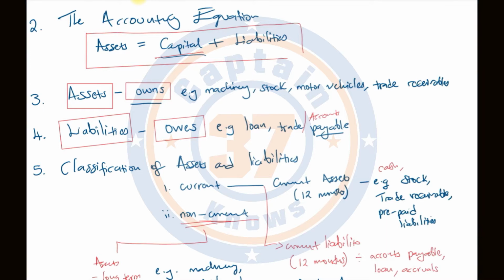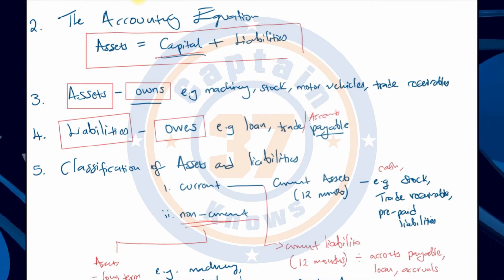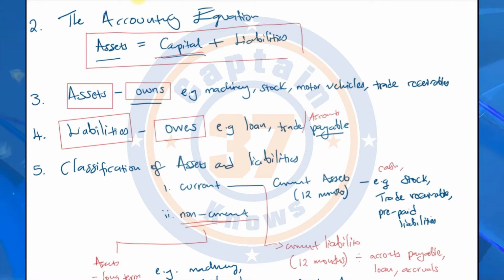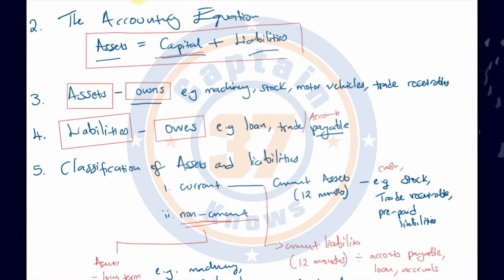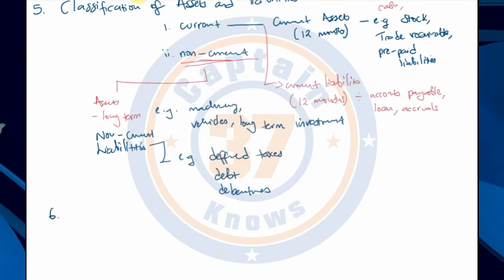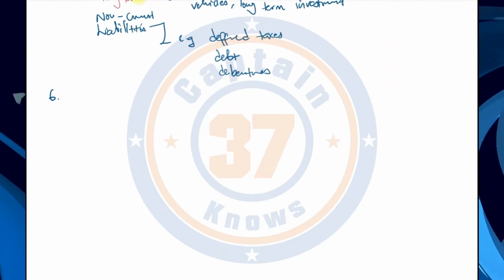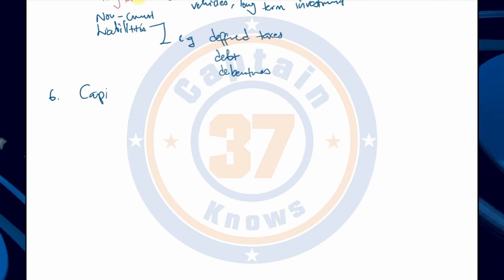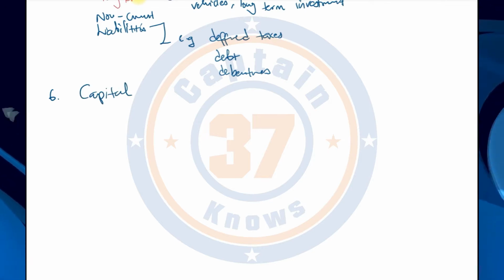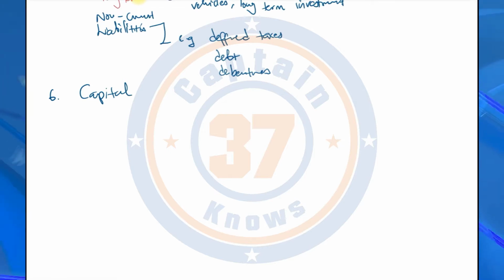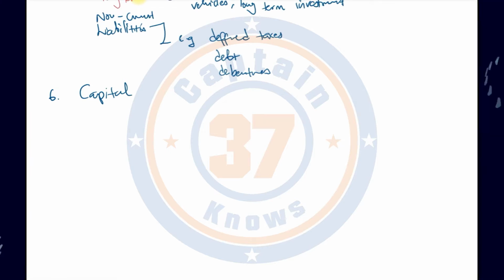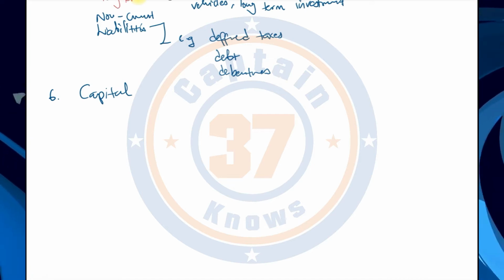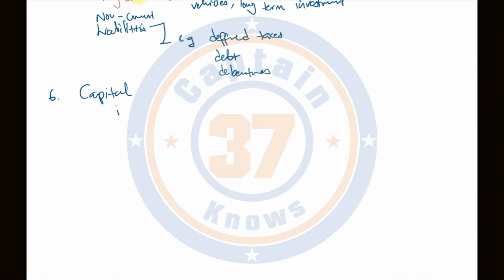Remember, we are breaking down the accounting equation, and the accounting equation is that assets is equal to capital plus liabilities. Let's go to number 6, where we are now going to talk about capital. What is capital? Like you already know, capital is money that is used to begin a business. When we talk about capital, we break it down into 2.